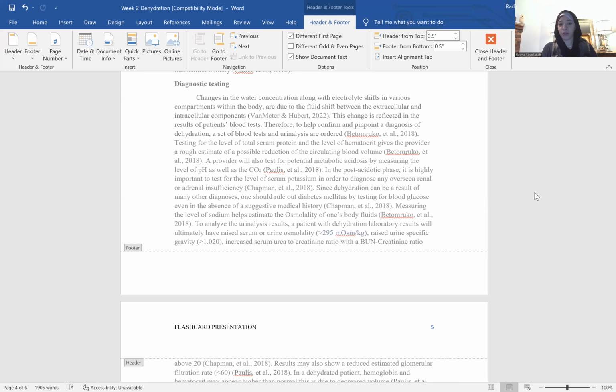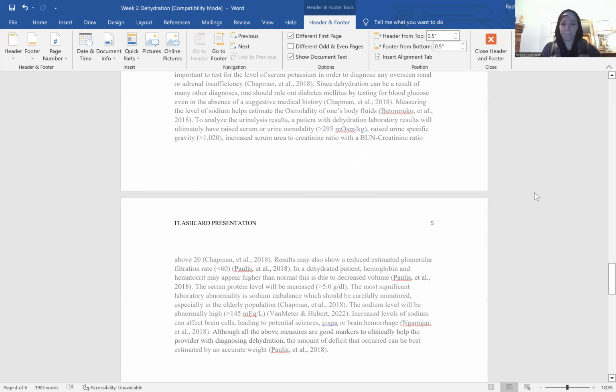To analyze urinalysis results, a patient with dehydration will ultimately have raised serum or urine osmolarity that is greater than 295, raised urine specific gravity greater than 1.020, and an increased urea to creatinine ratio with a BUN creatinine ratio that is greater than 20.